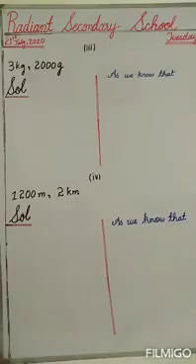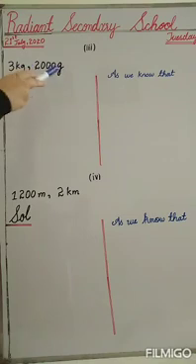Now class, the third part is 3 kilogram and 2000 grams. As you can see, both quantities have different units. First quantity is in kg and second quantity is in grams. So what we have to do first, I have told you in the previous lecture, first we will make the units same. We will change this kilogram into grams.